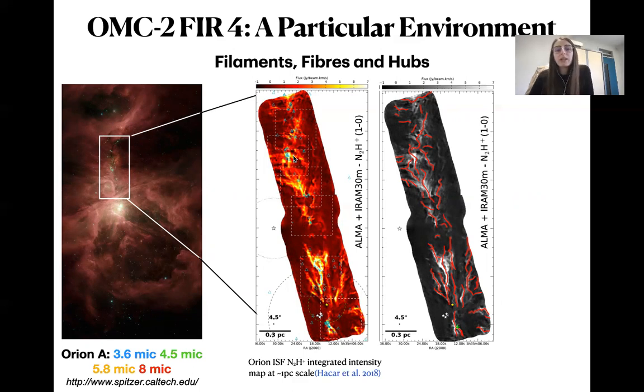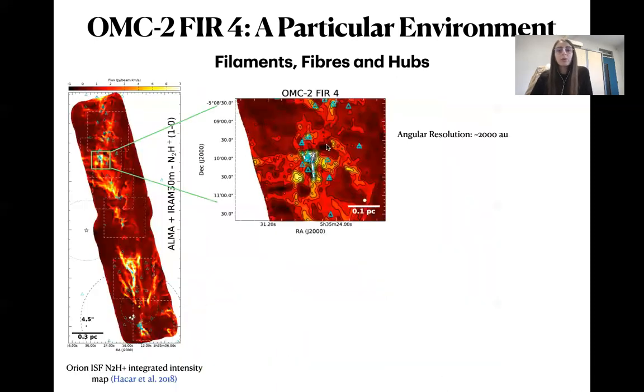Within this hub, we think that we should have filaments, or what we call intra-hub filaments. But with the algorithm that Hacar et al. have used, they could identify only one fiber within OMC2 FIR4, which is this one here. The other filaments within the cluster were not resolved. Here I show you the N2H+ emission by Hacar et al.